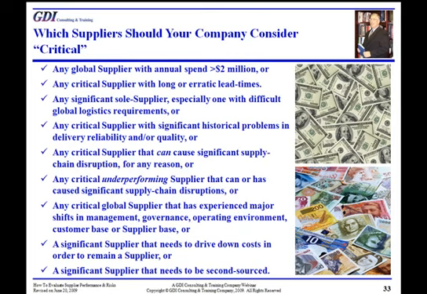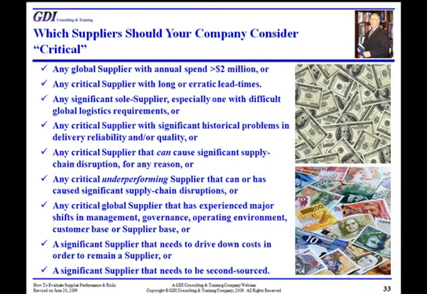So here are our definitions, characteristics of critical suppliers. Any global supplier with annual spend greater than $2 million, or any critical supplier with long-term or erratic lead times. Any significant sole supplier, especially one with difficult global logistics requirements, or any supplier with significant historical problems in delivery reliability and/or quality.